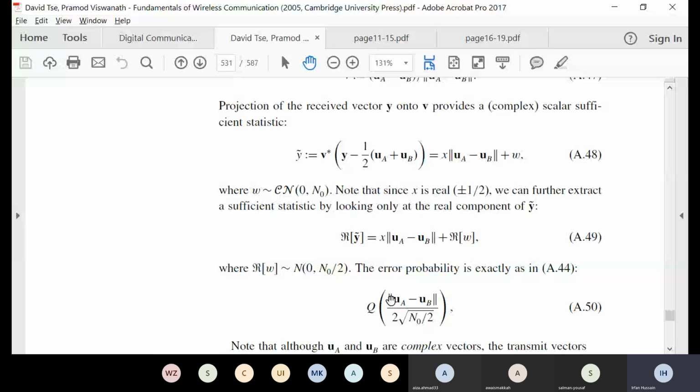Once you take their difference and modulus, everything comes out to be a simple scalar number, and you can just find the error. So this was the derivation of a very important result, that error depends just on the difference of the received symbols. This is the total result for any domain.